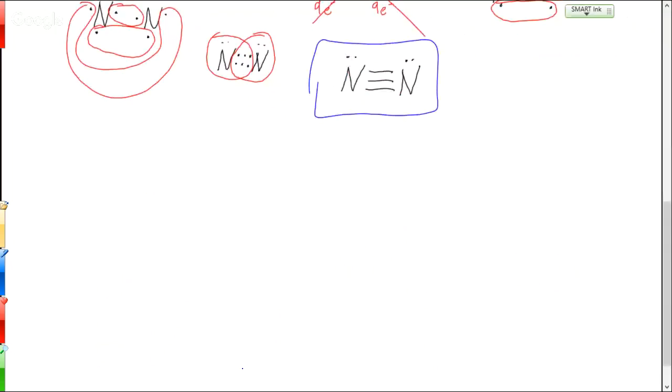Okay, so let's look at something that happens in these bonds when there are two different atoms connecting together. So if we go back to our example of hydrogen, because that's a small, nice, simple example, there are two shared electrons.